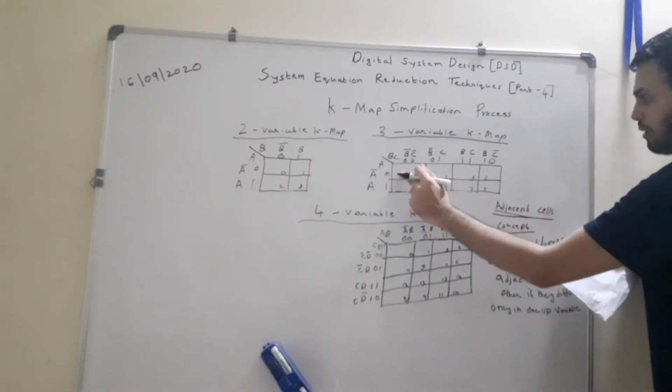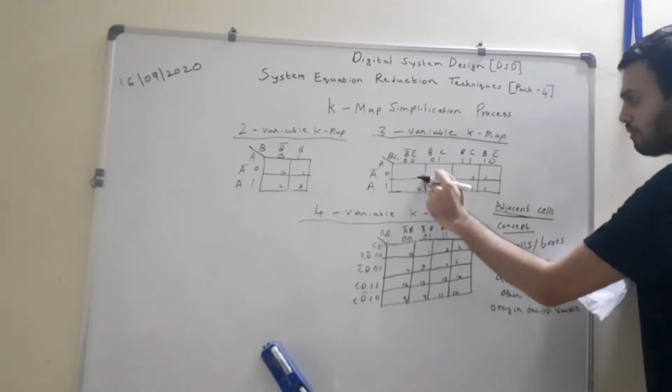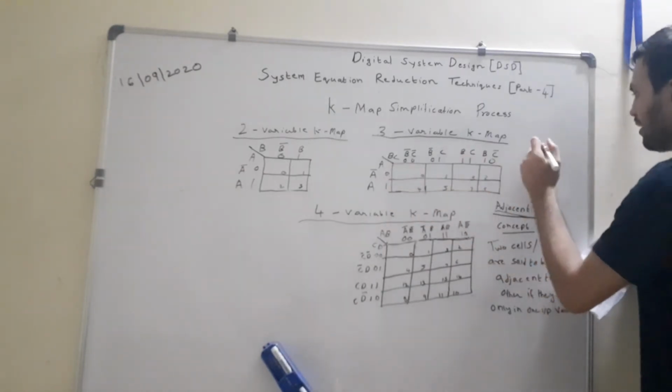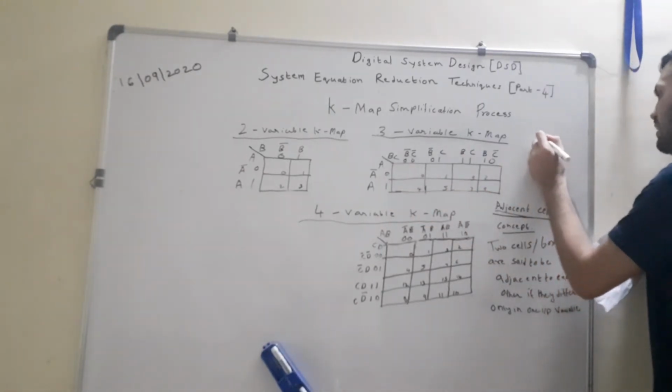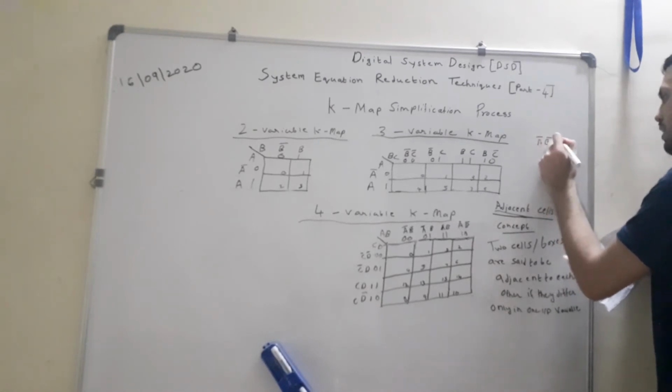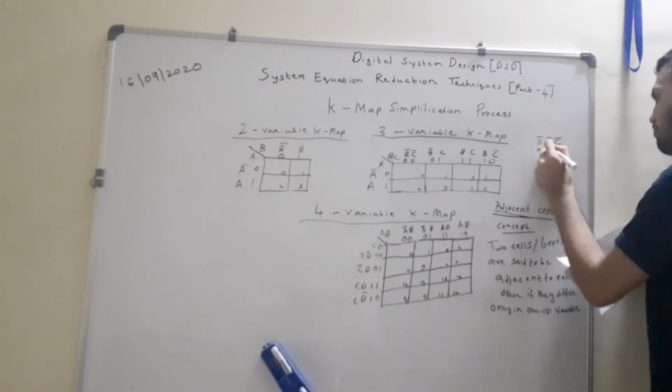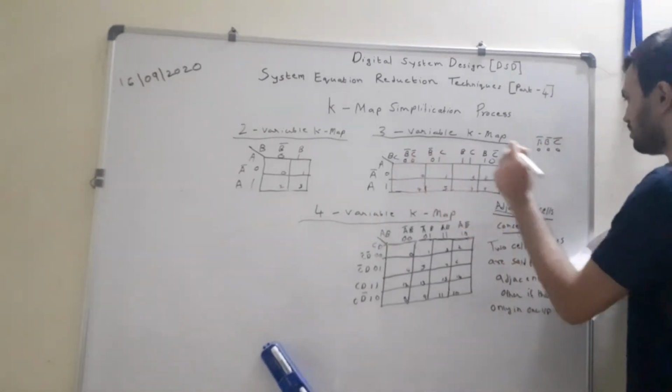We have this particular cell number 0, that is A bar, B bar, C bar. Why A bar, B bar, C bar? Because the input combination is 0, 0, 0.